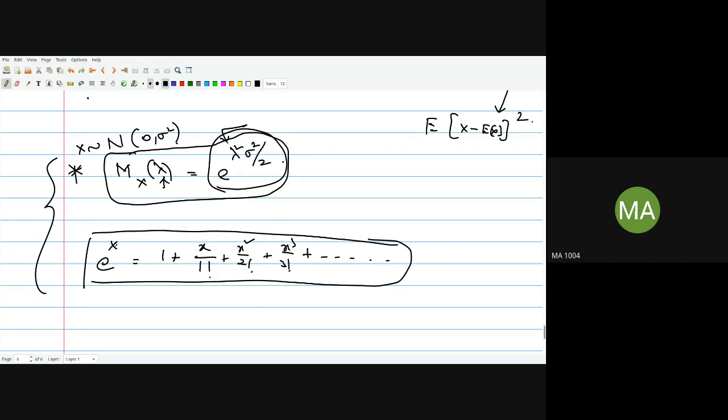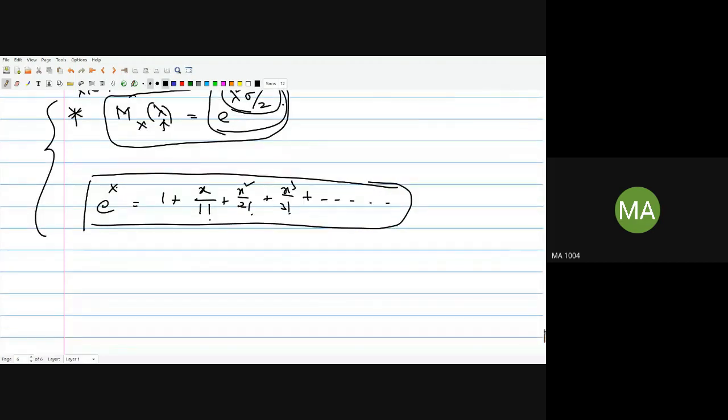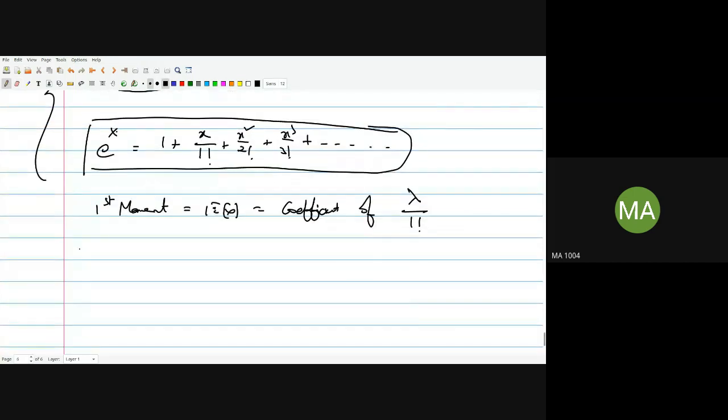Now replace x with lambda square sigma square by 2. From here, what we can get is the first moment, which is the expected value of x, which is nothing but the coefficient of lambda by 1 factorial.